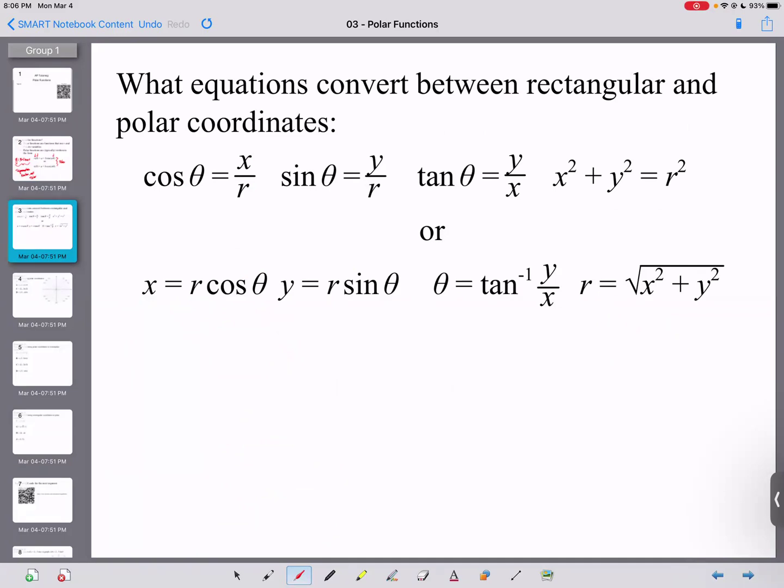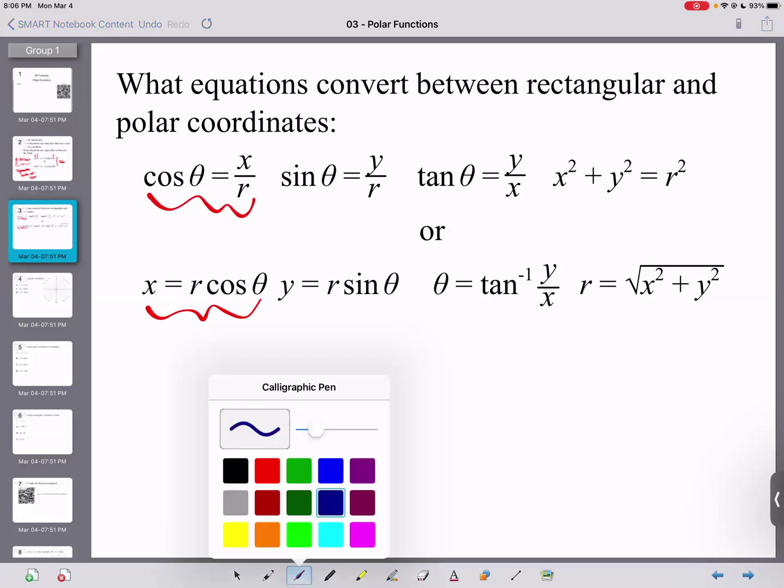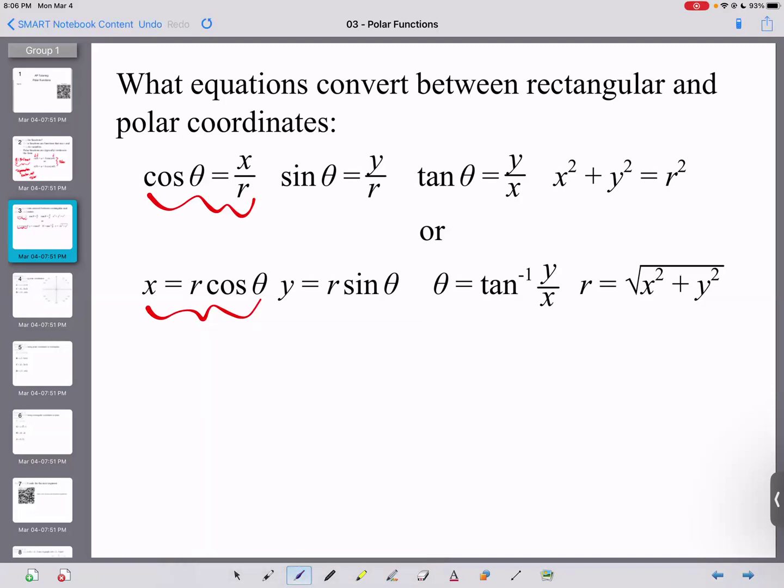And to isolate different variables specifically, we could say x equals r cosine theta. That's just because I take this equation right here and multiply both sides by r. I'll remind you that sine theta equals y over r. We can say that y equals r sine theta just by multiplying both sides of the equation by r.